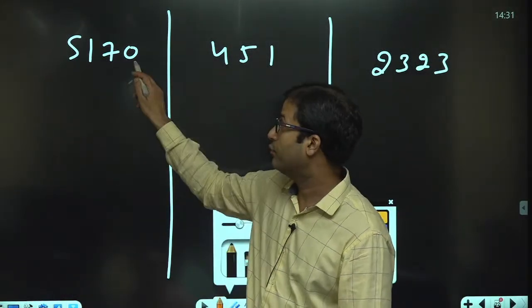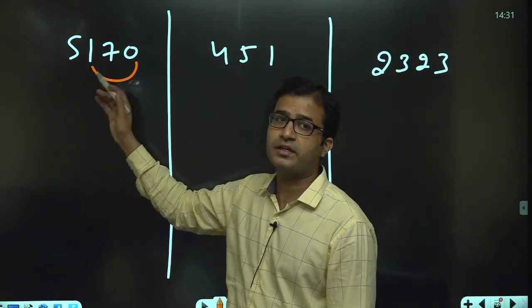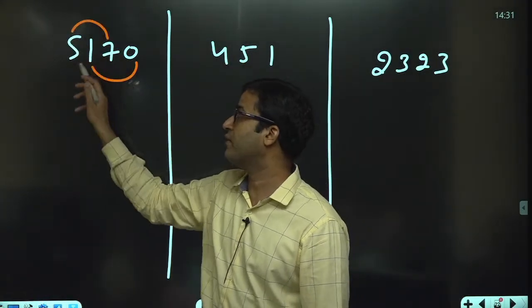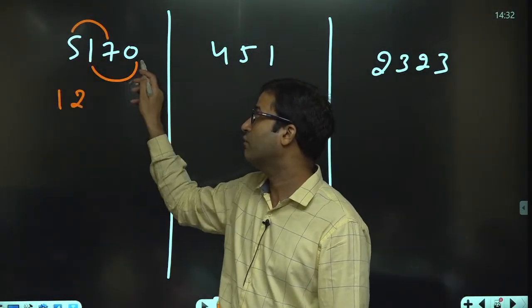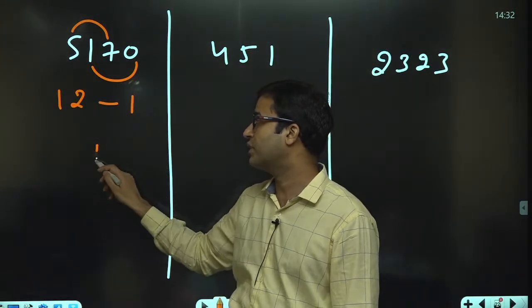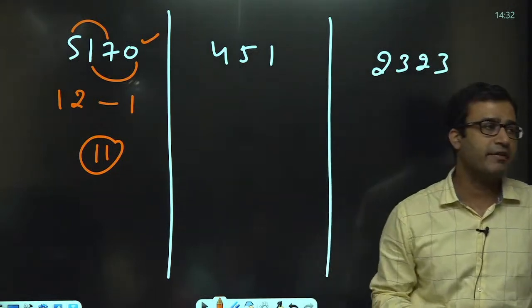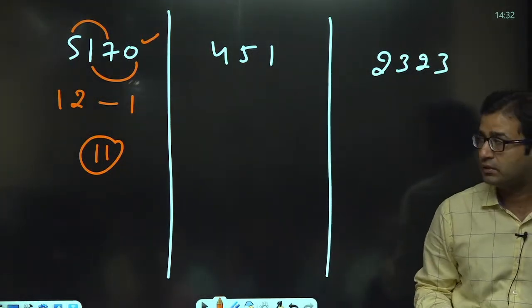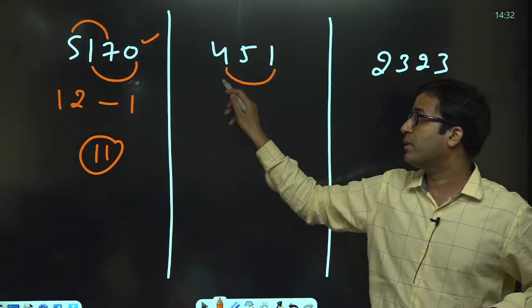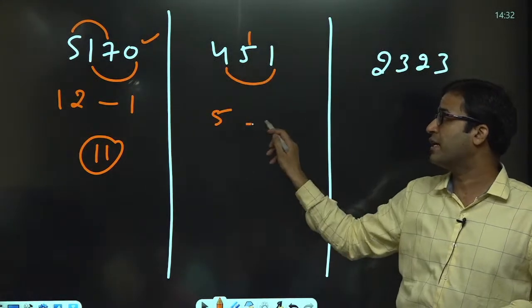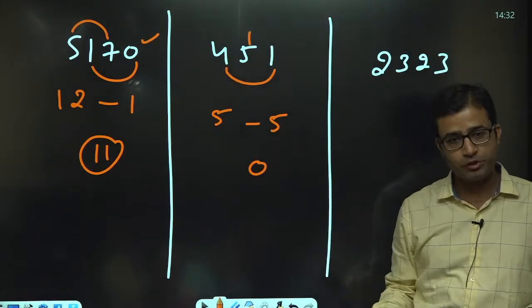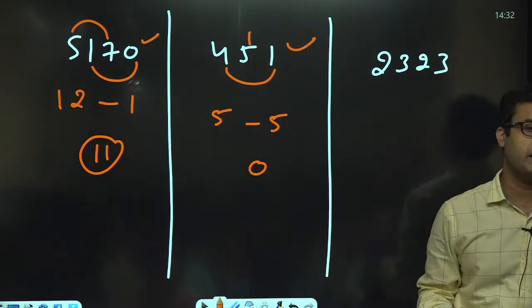So here we will take 0 and 1, alternate digits you can say, 7 and 5. 7 plus 5, 12. 1 plus 0, 1. What is the difference? 11. So 5170 is divisible by 11. In this case, 1 plus 4, 5. This is 5. 5 minus 5, 0. Yes, it is also divisible by 11.